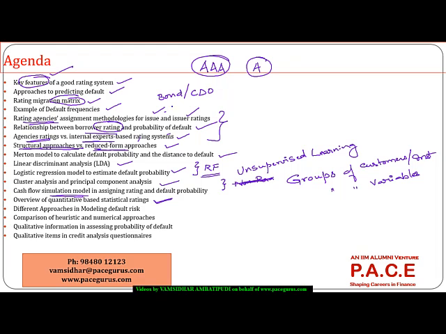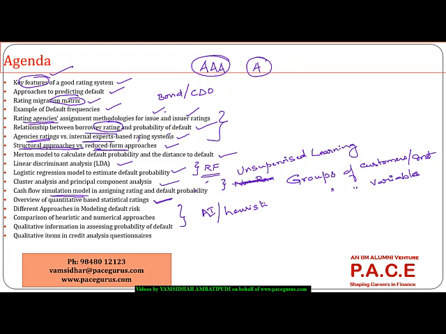Then the third dimension is coming. So one dimension is using the rating agencies approach, which is a rating migration matrix versus expert based approach. The second is all quantitative and statistics based approaches, whereas the third one is actually based on artificial intelligence or heuristics.